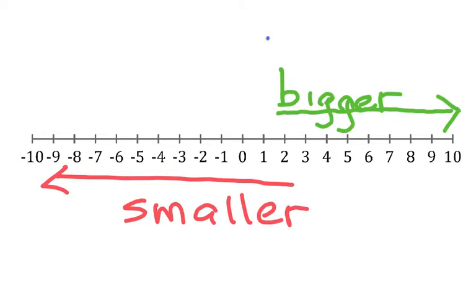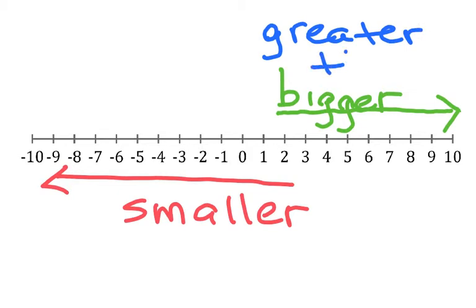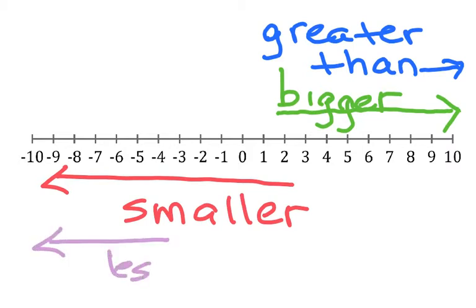Now I know you're going to say, why are we doing this? Well, I also want to show you that greater than is going in that direction. And in case you forgot, less than. Now, I know that there are all kinds of tricks.